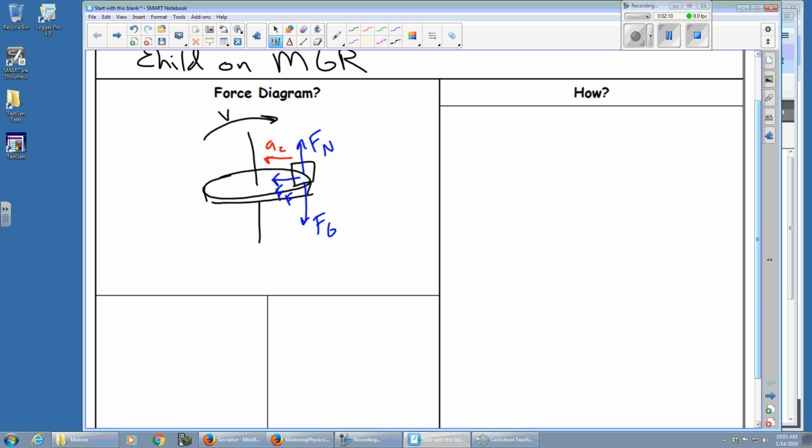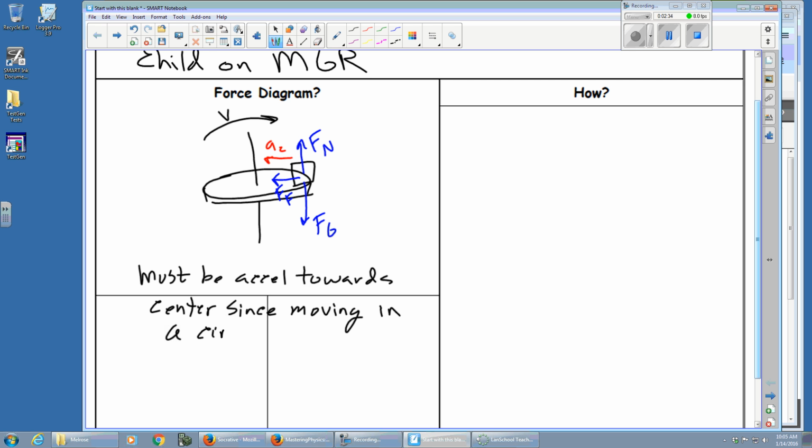Something along the lines of: must be accelerating towards center since moving in a circle. You know, something along those lines.